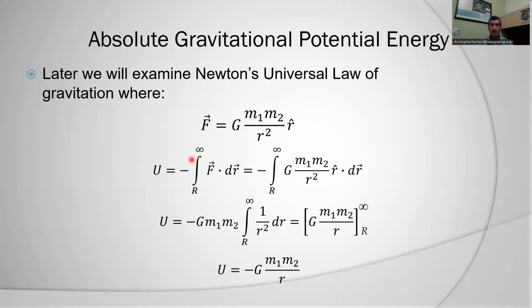So we can rewrite this integral going from, instead of a starting point to a finishing point, we can say that our energy is defined, so we're doing absolute, not change, at some distance r compared to what it would be if the particle were completely free of any gravitational forces.